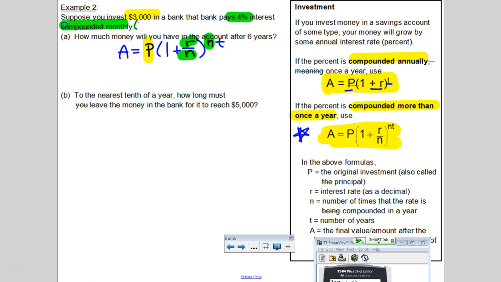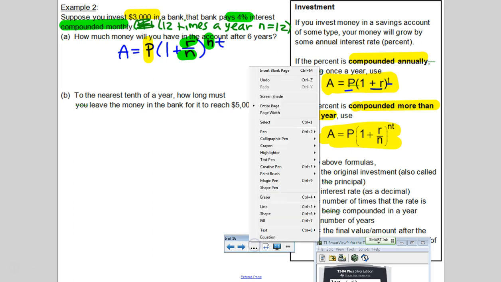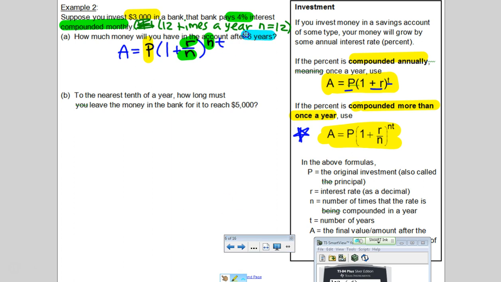And that would mean 12 times a year. So n equals 12. And then lastly, I have my time, and I have 6 years. So that's where all the numbers are coming from. Make sure you change your percent to a decimal.